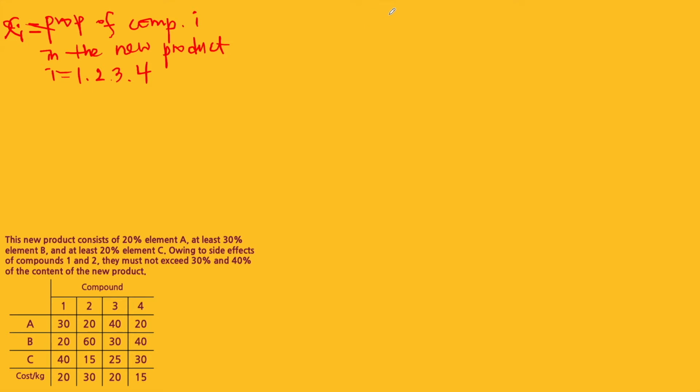So 20 x1, 30 x2, 20 x3, 15 x4. 20 x1 is the cost incurred from compound 1, and 30 x2 is the cost incurred from compound 2, and so on. And then we are going to minimize this.